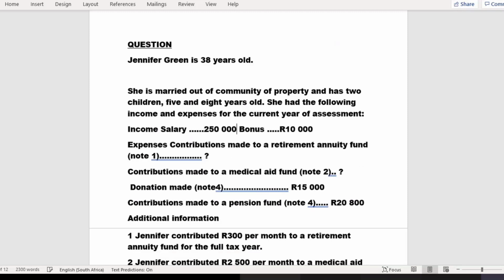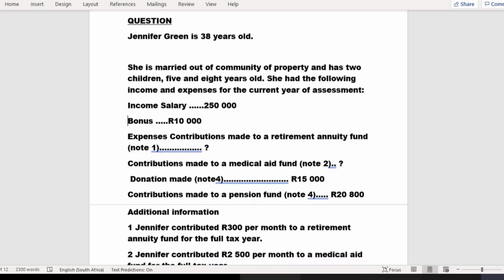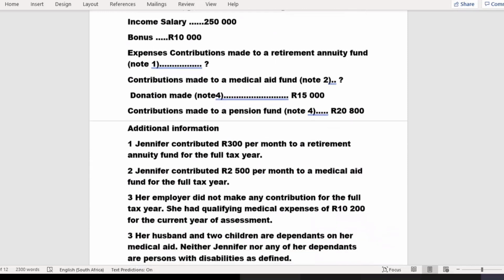There's a salary of 250,000 rand, including a bonus of 10,000 rand. The expenses are contributions to the retirement annuity fund, see note 1, and contributions towards the medical aid fund, see note 2. There's a donation of 15,000 rand, and the pension fund is 20,800 rand. It's also in note 4.